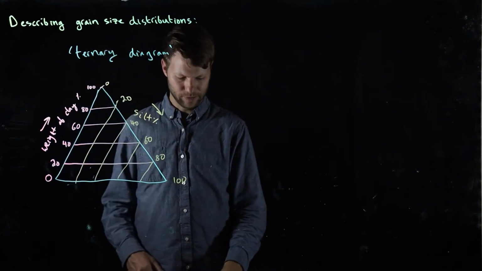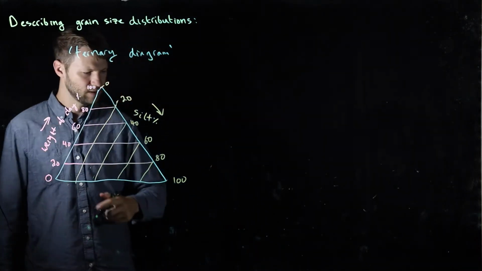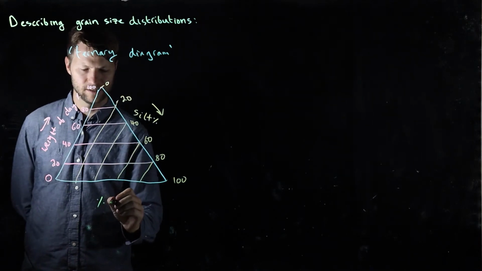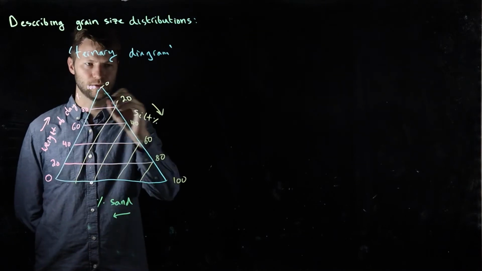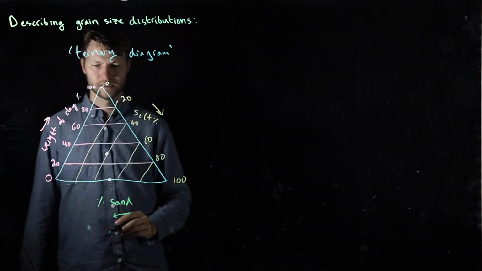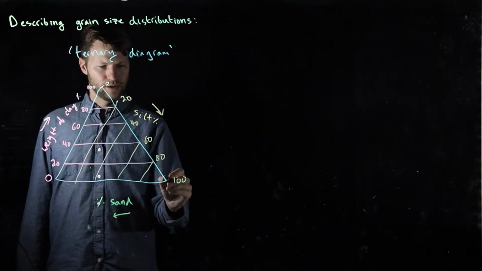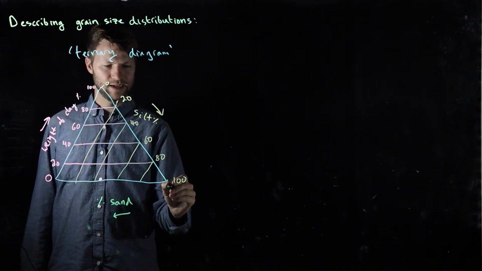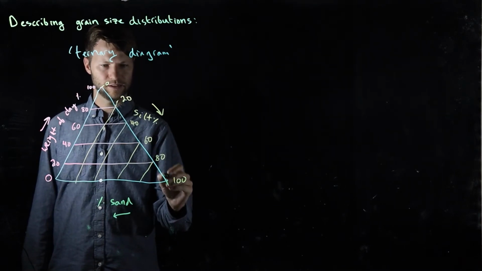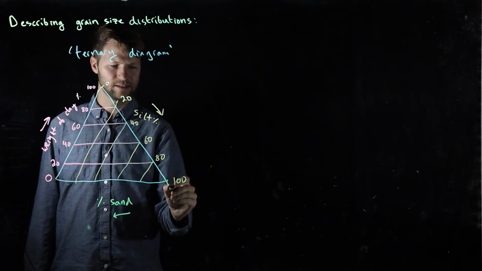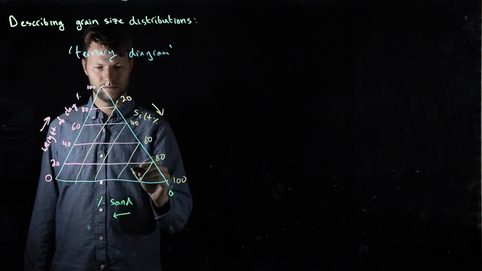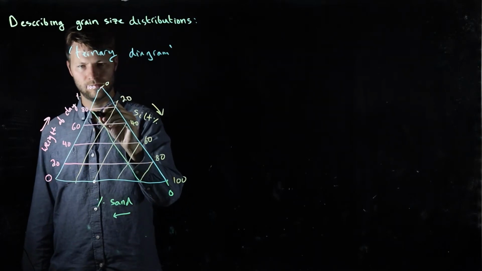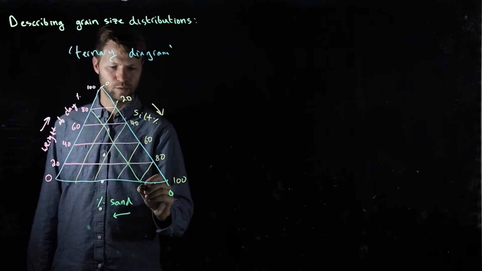So it's increasing this direction. And now finally, we've got one more to draw in here. And this is going to be the percent sand. And it will be increasing this way, so we're kind of going around the triangle. So here for the sand, it's going to be lines parallel to this axis, 0. This one here will be 20.